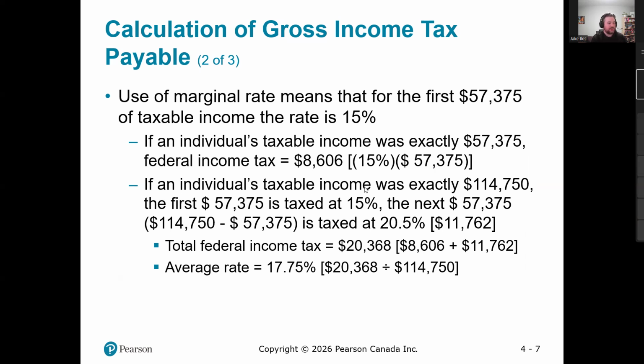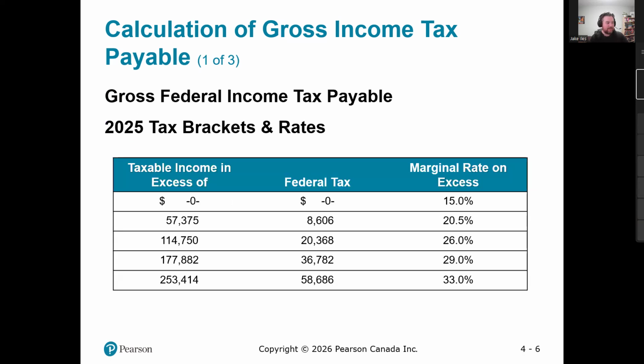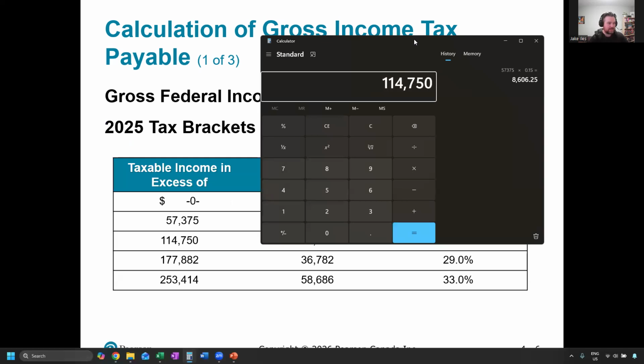If an individual's income was exactly 114,750, the first 57,375 is taxed at 15%. The next 57,375, which is the difference between those tax brackets, is taxed at 20.5%. So if I made exactly 114,750, actually I'll do it like this.